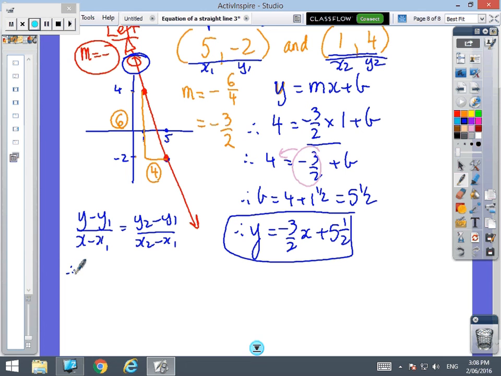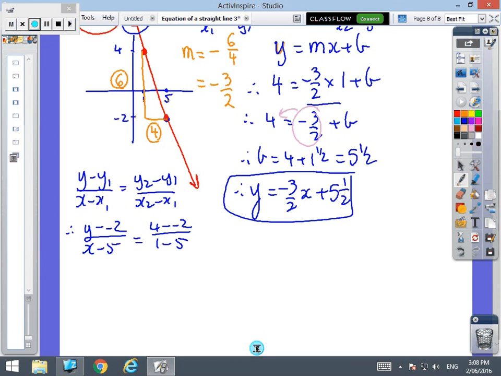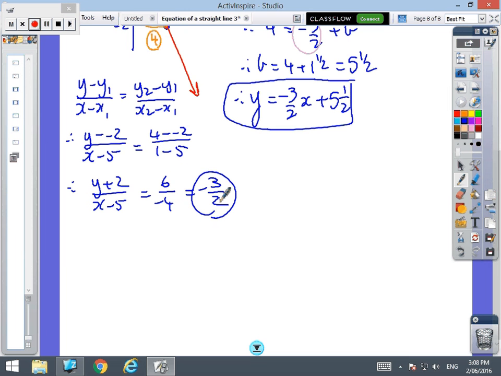So I've got y minus a minus 2 over x minus 5 equals 4 minus a minus 2 over 1 minus 5. Okay, so y plus 2, got two minuses together again, equals 6 over minus 4, which again I'm going to cancel down. So you got the gradient. That number there is the gradient.